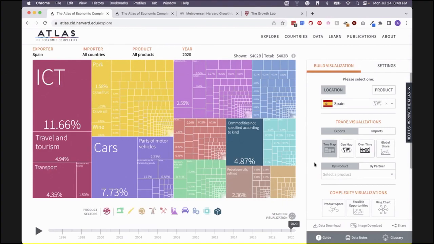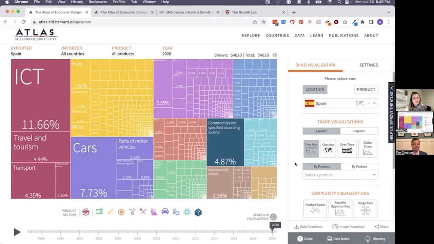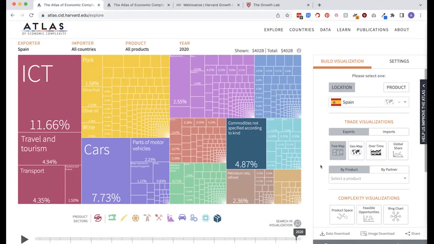Sure. So I'll answer your first two questions, and then I might hand it over to Tim for the last one. Our data is from Comtrade. UN Comtrade collects public, country-reported trade data continually throughout the year. And we take that data on a semi-annual basis and put it through a cleaning process at the lab.